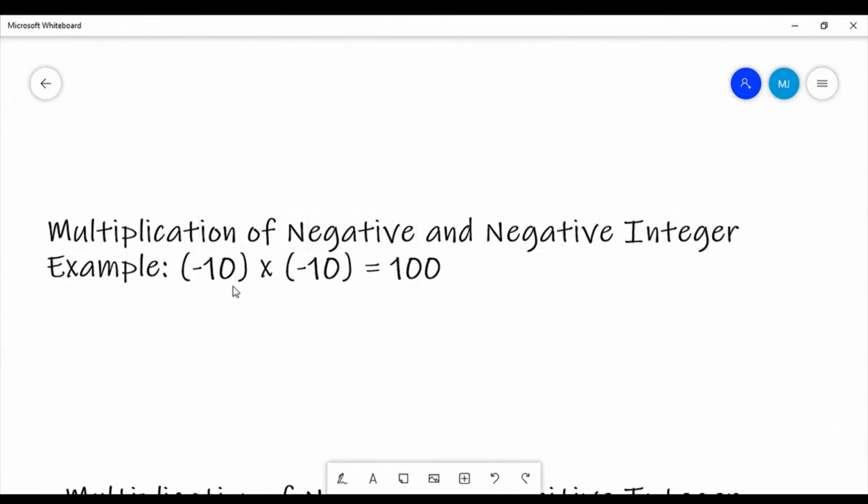Nagets? For example, negative 10 times negative 10 is equal to positive 100 because 10 times 10 is equal to 100. So, disregard muna natin yung sign na negative. I-multiply lang natin yung dalawang number and the answer is positive. So again, in multiplication of negative and negative integers, the result is always positive.